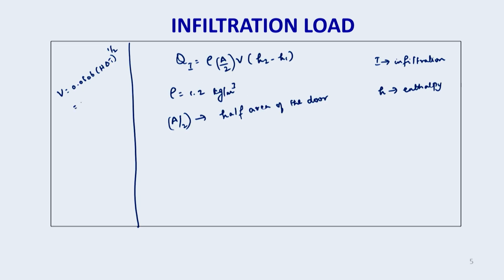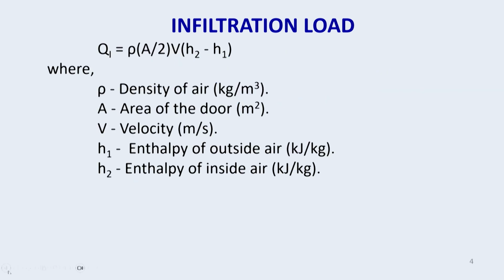So this is nothing but 0.0606 square root of H into delta T. Capital H is door height in meter. Since H is used, normally the learners will tend to assume it as enthalpy, because we use small h for enthalpy, small s for entropy, etc. So this is the formula which is used to calculate the infiltration load.